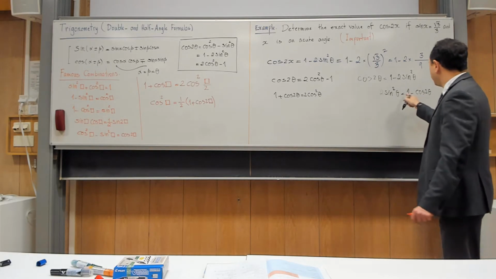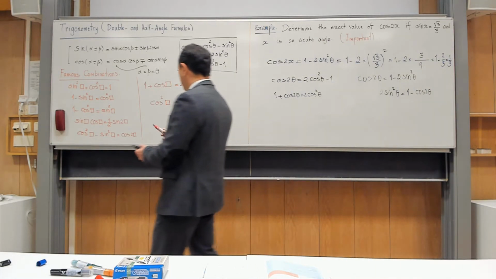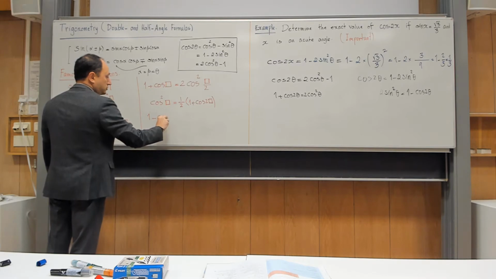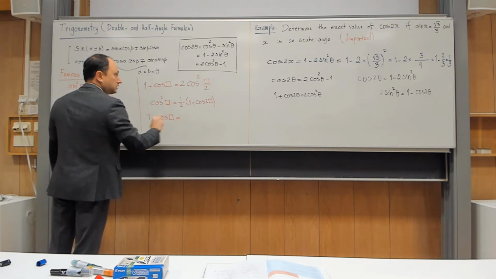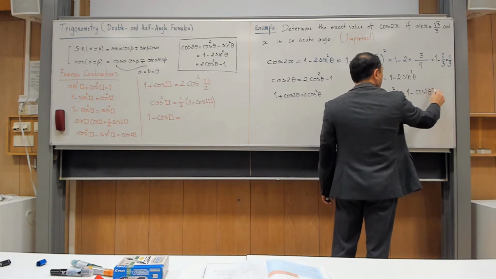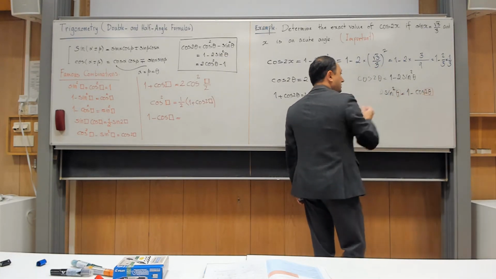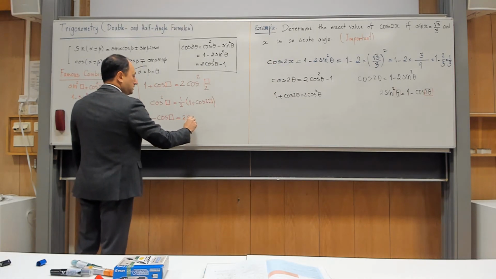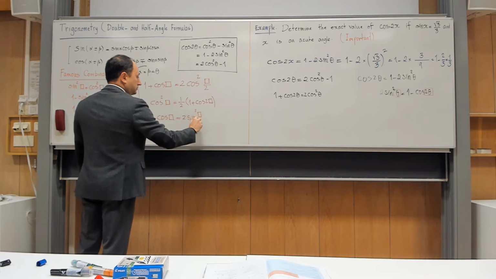So that 1 minus is also a famous combination. 1 plus cosine was a famous combination, and 1 minus cosine is also a famous combination. So 1 minus cosine is playing the role of your box, so here it is box divided by 2. Then it becomes 2 sine squared box divided by 2.